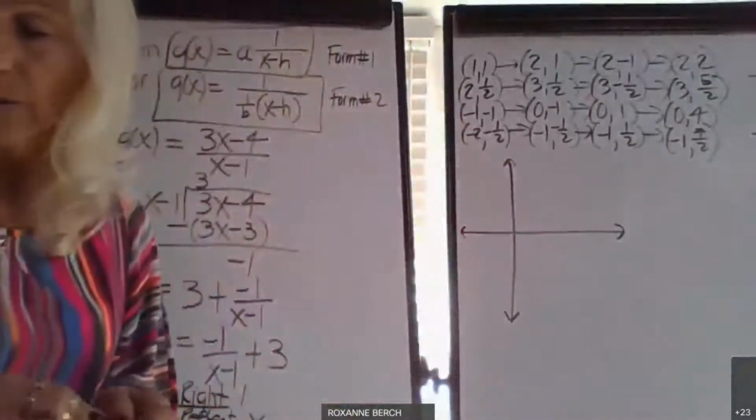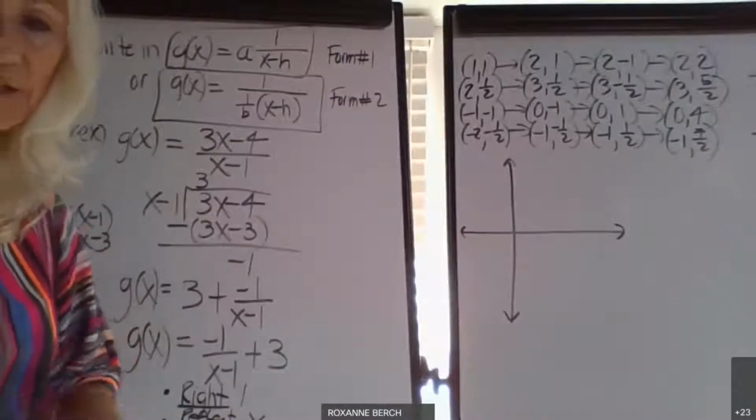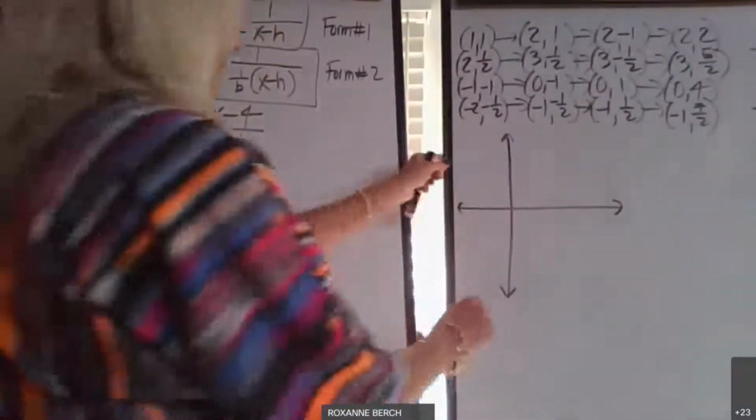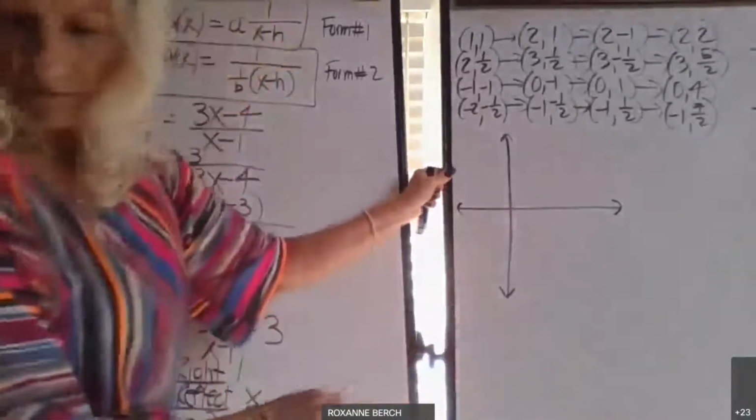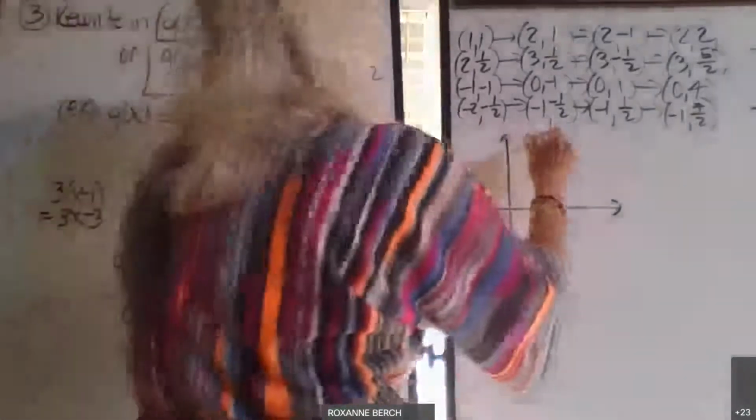So once again, we're going to do our asymptotes first. So what are our asymptotes? X would be 1 and Y would be 3.